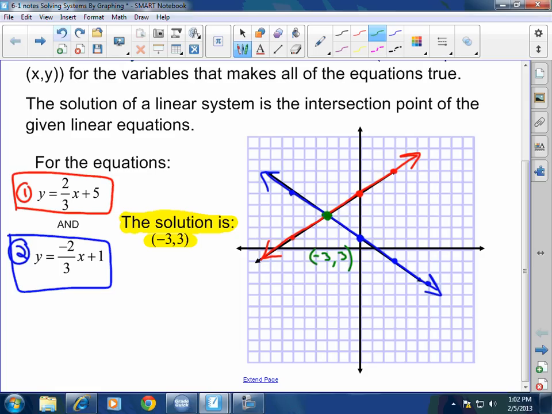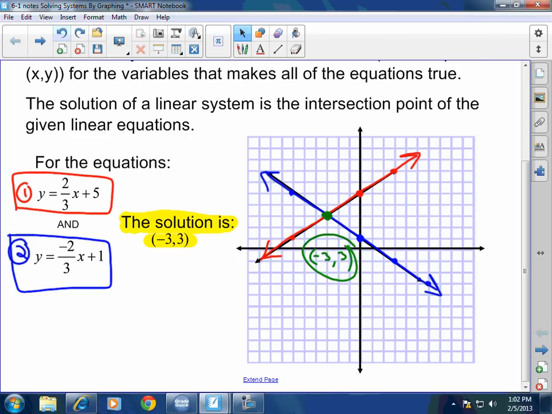The question was, do we have to color in each equation different colors? No, sir. I'm just doing that for visual appearance right now so you can really see what's going on. Now, when you have your solution here, guys, you can check to make sure that you got this solution correctly. Plug it back in to each equation, and it better be true.